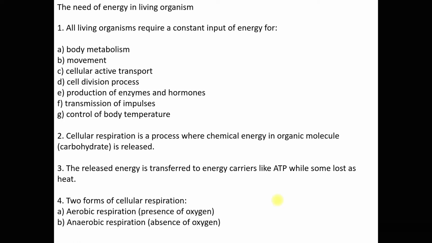Now there are two forms of cellular respiration, which are aerobic respiration and anaerobic respiration. Aerobic means it has the presence of oxygen, while anaerobic is a type of cellular respiration that occurs with the absence or lack of oxygen.